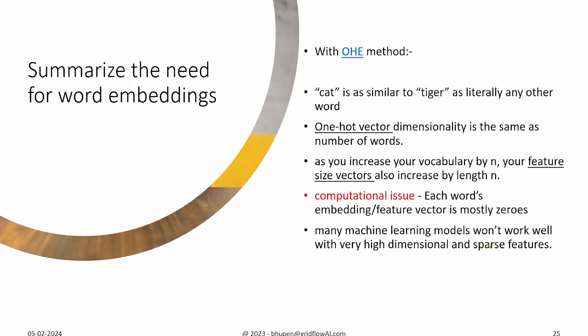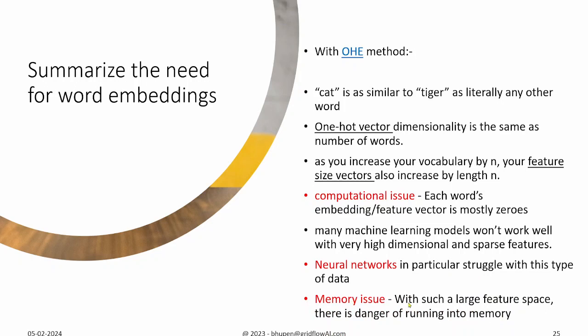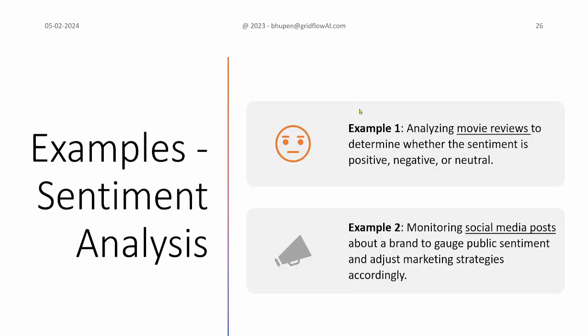So many machine learning models don't work so well with such high dimensionality. Neural nets in particular really struggle with sparse input. And memory is another large constraint when we talk about simple one hot encoding, count vectors, hashing vectors, or let's say TF-IDF.